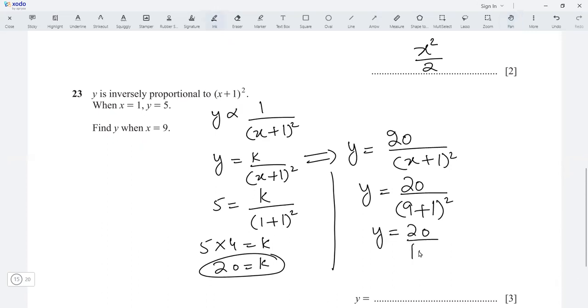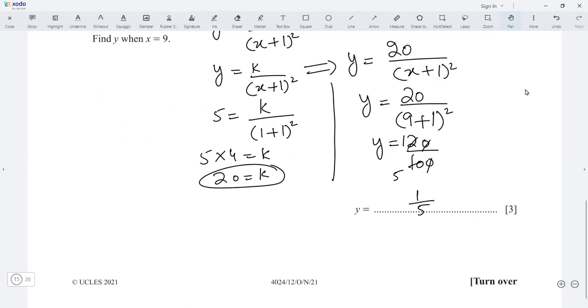So 20 over 100 is the fraction, which can be simplified, dividing by 20 gives 1 over 5. So y's answer will be 1 over 5 or we can say 0.2. Both are fine. If you don't want to convert into a decimal, you can write it in fraction form. No need to convert because it's a paper one question, so no need to spend more time here.